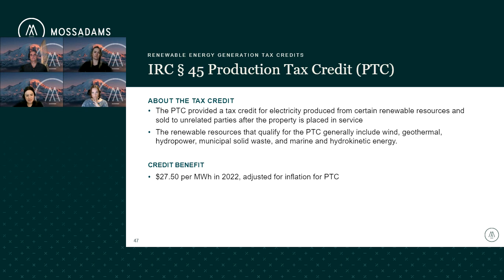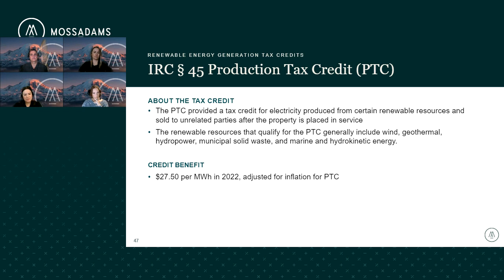As I had mentioned previously, there are prevailing wage and apprenticeship requirements as well as bonus credits that are applicable to this production credit. At the base level, the credit is going to be $27.50 per megawatt hour in 2022, adjusted for inflation, if you're meeting the prevailing wage requirements.